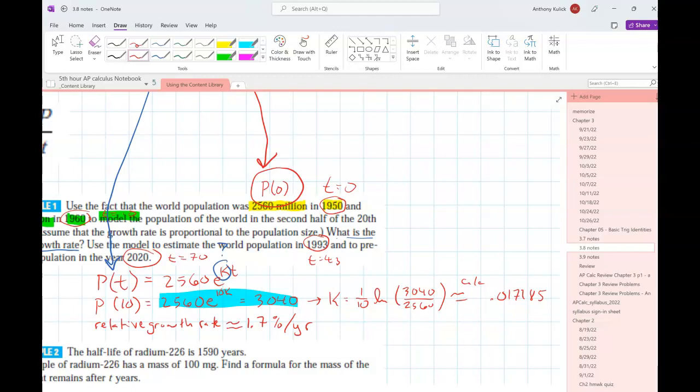Because our time was t, going up by 1 t is 1 year, right? So now if I want to estimate the population in 1993, wait, why did we multiply it by 100? Well, it says the relative growth rate, so I wanted to write it as a percentage. Okay, right? So just a percentage.